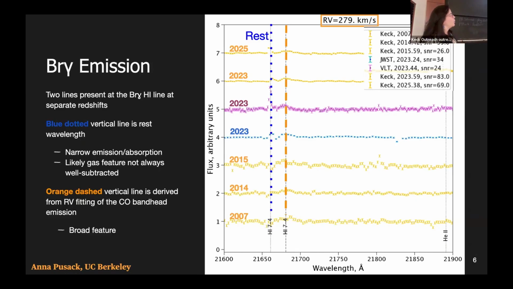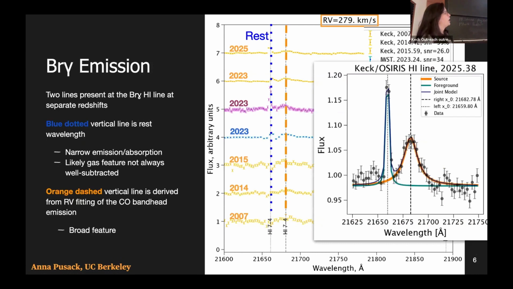One is a narrowband emission feature, which is likely the ambient environmental gas. And then there's also a broader line feature that corresponds quite nicely to the radial velocity that I found in the CO band heads. So what I had to do to get these was to fit a double Lorentzian line profile to each.